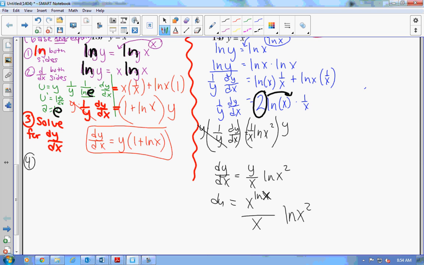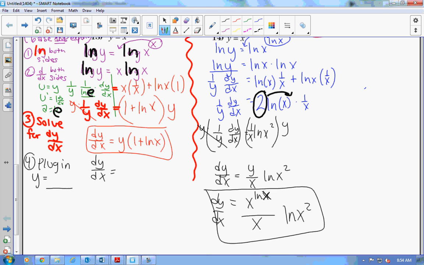So on the last problem, number 13, we should probably, step 4, plug in whatever y was equal to at the very beginning. On the last one, what was y equal to at the very beginning? x to the x. So I forgot to do that on that one. Okay, so that our equation doesn't have any just y's, because it tells you at the very beginning what y is equivalent to.